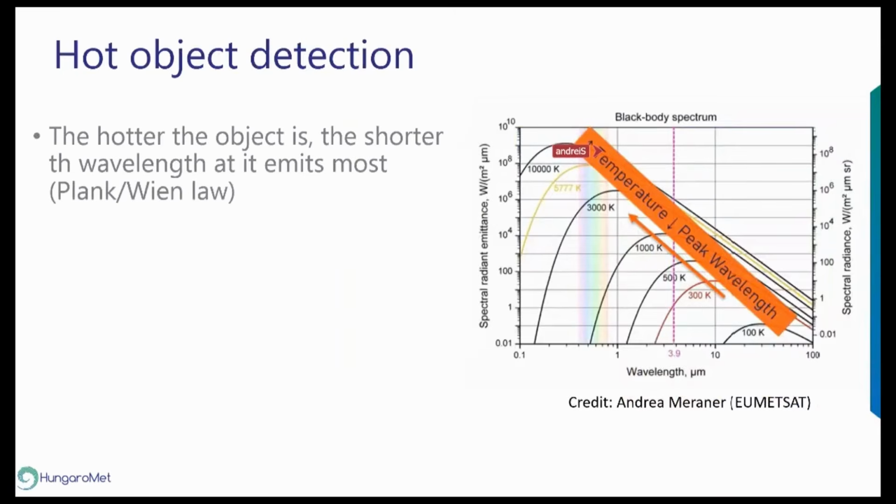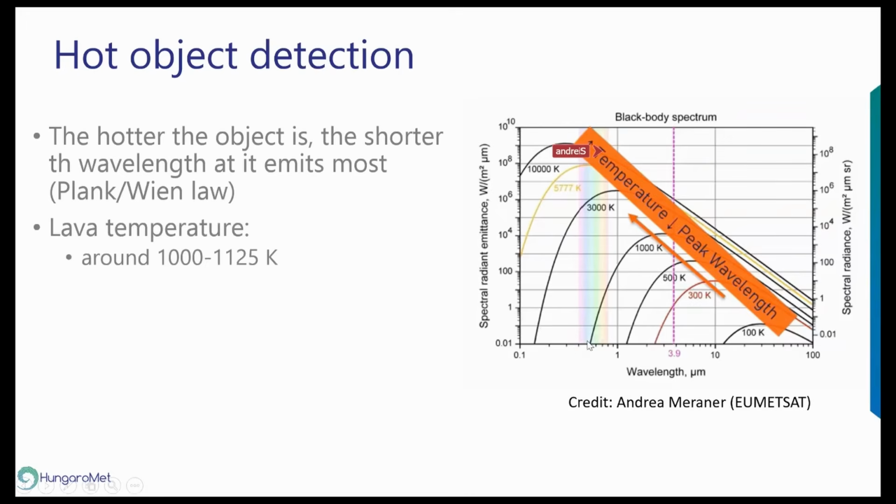So if we go to the hot object detection, then we know that the hotter the object is, the shorter the wavelengths at which it emits most. So we have here this nice figure. And actually, I looked up the temperature of the lava coming from Etna, it is about 1025 Kelvin.